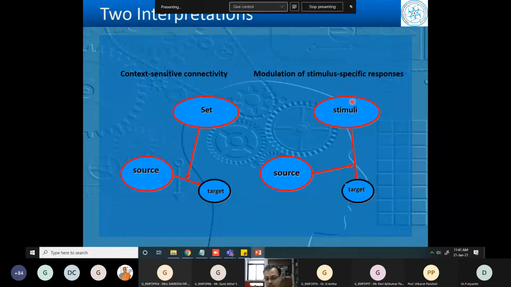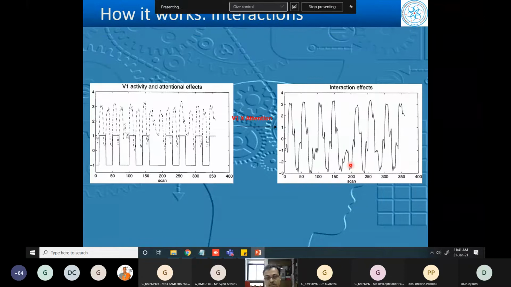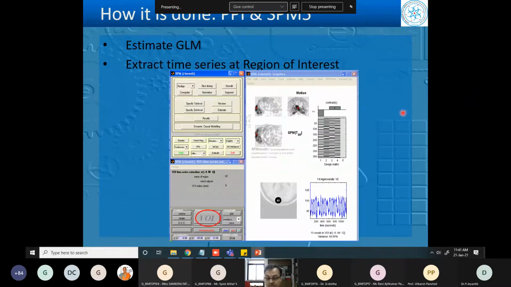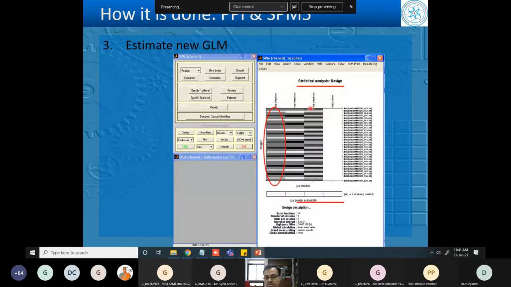One, that there is a link between source and target, and there is something that is modulating it, or the stimuli and target are activating, but the source is now the modulator. So what we try to identify is the interaction effects between different brain regions. We do this using what is known as psychophysiological interaction.